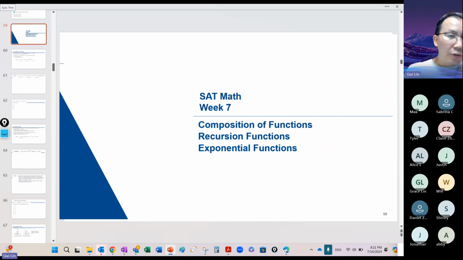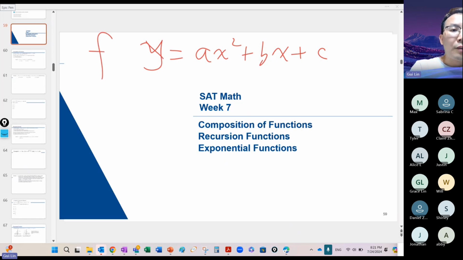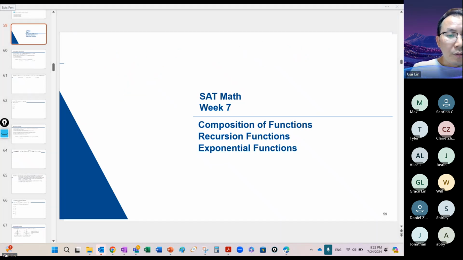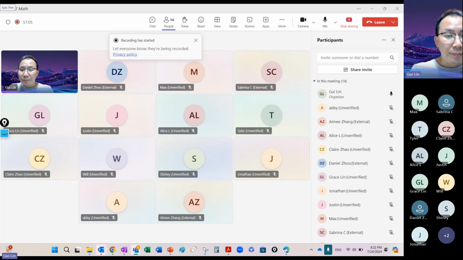What we learned earlier, like last week's homework: when you say y equals ax squared plus bx plus c, and we define this as f(x), it means x is changing, and when x changes, y keeps changing as well, right?